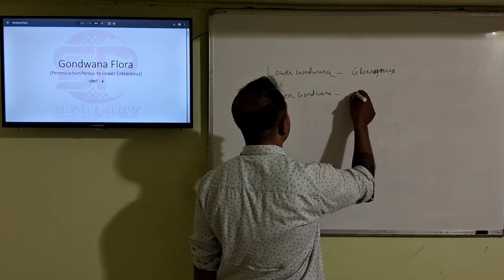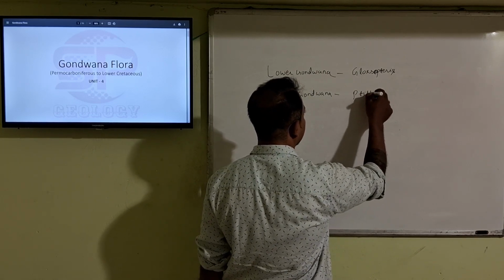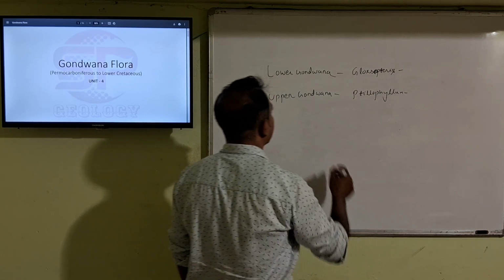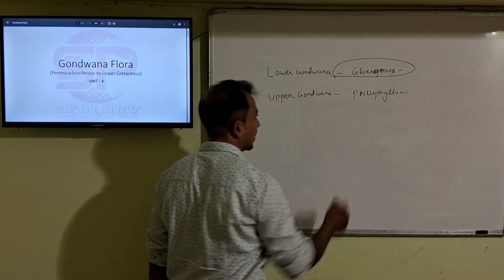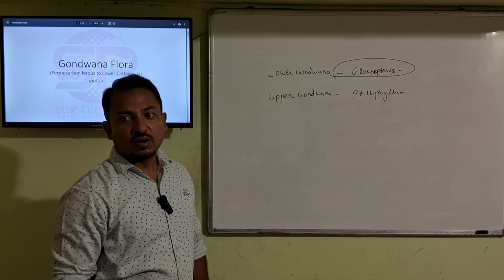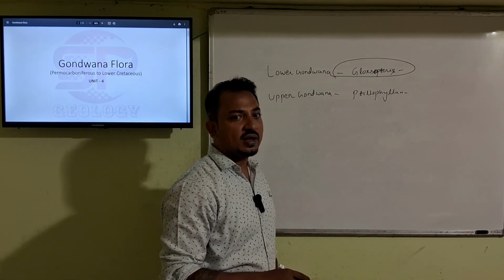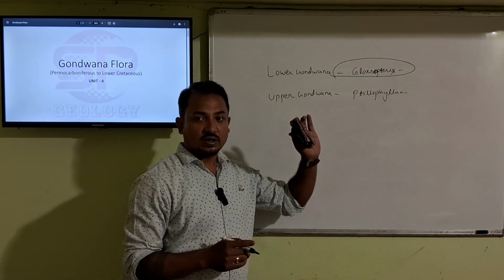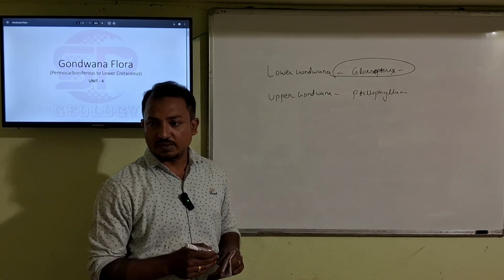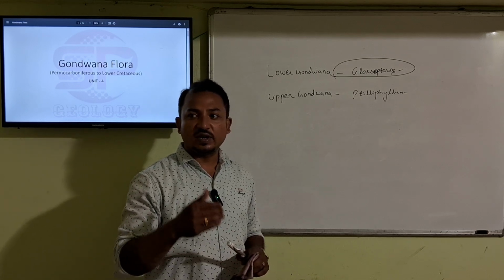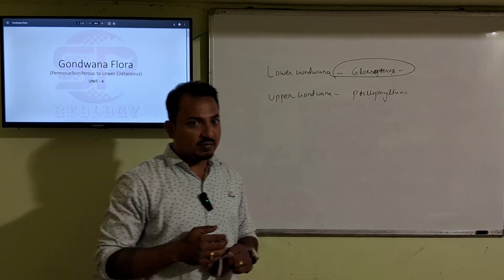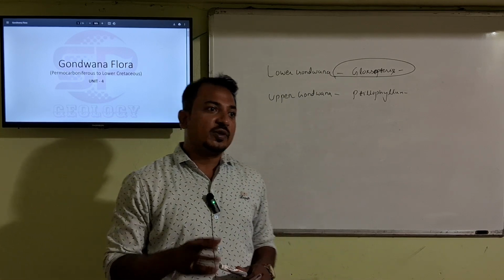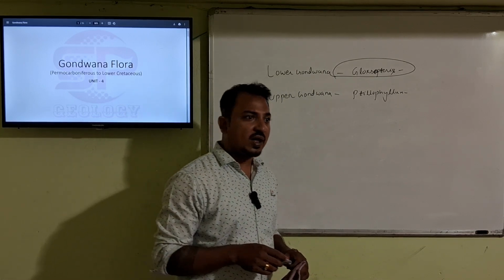Upper Gondwana is characterized by Ptilophyllum. Glossopteris is the characteristic fossil of lower Gondwana, so the extent of lower Gondwana is determined by the availability of Glossopteris. When Glossopteris disappears, the appearance of Ptilophyllum determines the upper Gondwana layer.